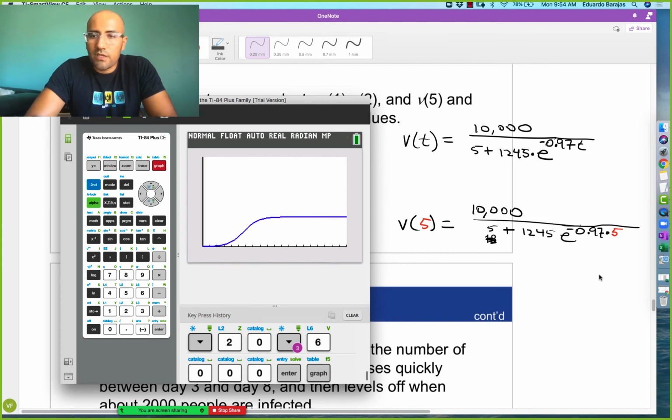Okay. Studying this graph, why would that be? As the input grows bigger and bigger, going out toward infinity, this is going to get very, very large. As this gets bigger and bigger, multiplying it by a negative is going to grow toward negative infinity. So this is e to the power of negative infinity.